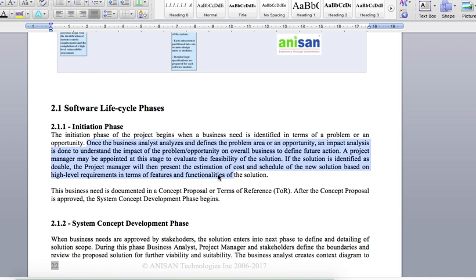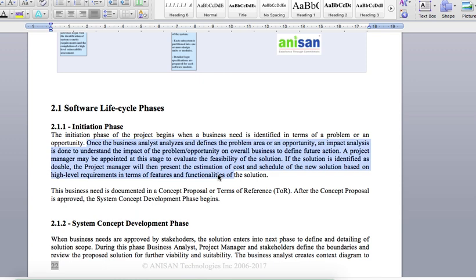This is again important for us to understand. Once we define the problem or the opportunity, that's the problem definition or the business need document that we will go through till the end of the SDLC. Okay. Once we finish identifying the problem or the new opportunity, we document that and also get the sign off.